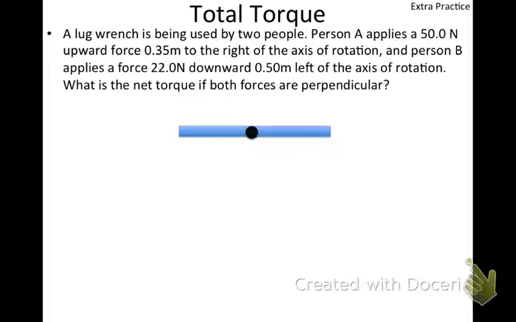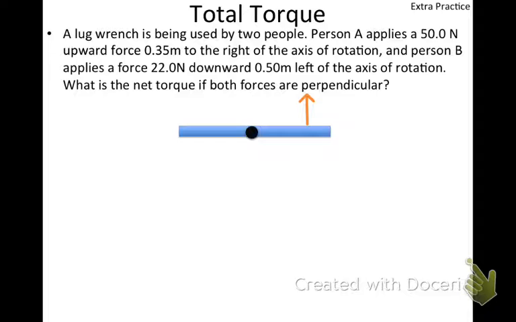Let's go ahead and label the things that are given to us. Let's start with person A. Person A has an upward force here, at 0.35 meters. It is not entirely drawn to scale, but I'll do the best I can.